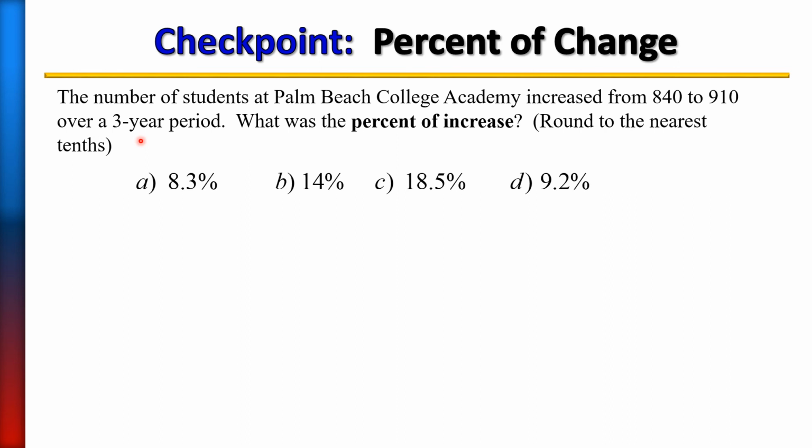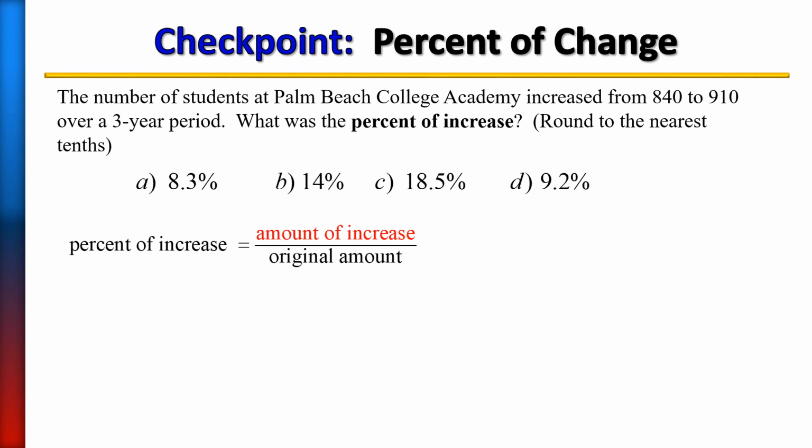To find that percent of increase, you'll just need to subtract these two numbers, and whatever that produces will be your top number, your numerator. The bottom number will be your original number that you started with. So let's plug those in. The difference between those two numbers is 70. On the bottom is your original amount, which is 840.